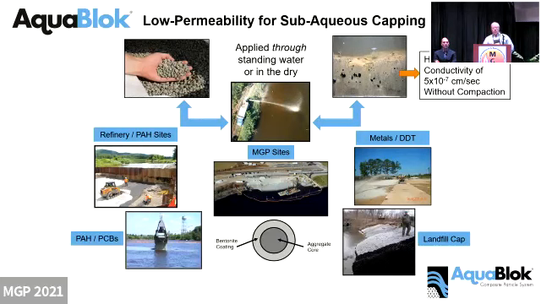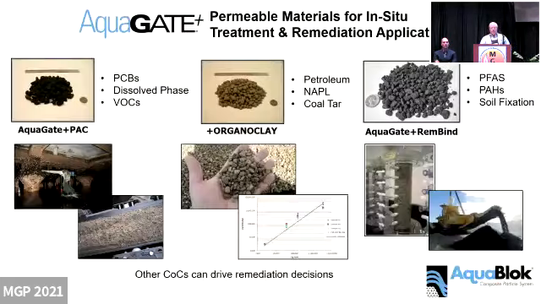So this is just a quick overview of the low permeability material. This is again the AquaBlock material. It's been applied at a wide range of different MGP and petroleum related sites, as well as for metals and PAHs. This is a product that's been around now for 25 years and has been applied very widely.